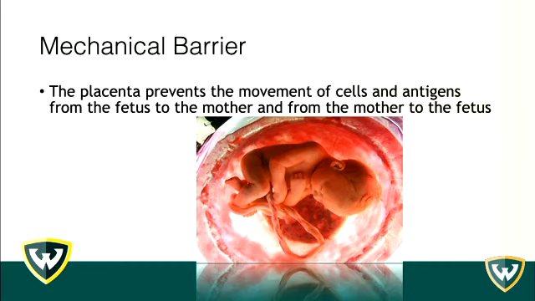In the brain, for instance, you have the blood-brain barrier, which does not allow the movement of immune cells or microorganisms from the body into the brain. In pregnancy, the barrier was thought to be the placenta.